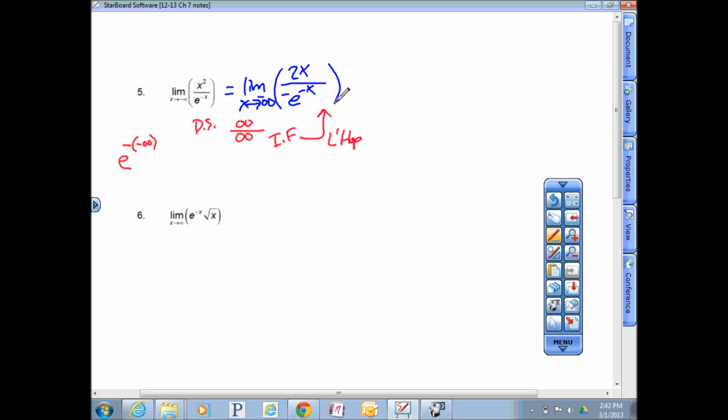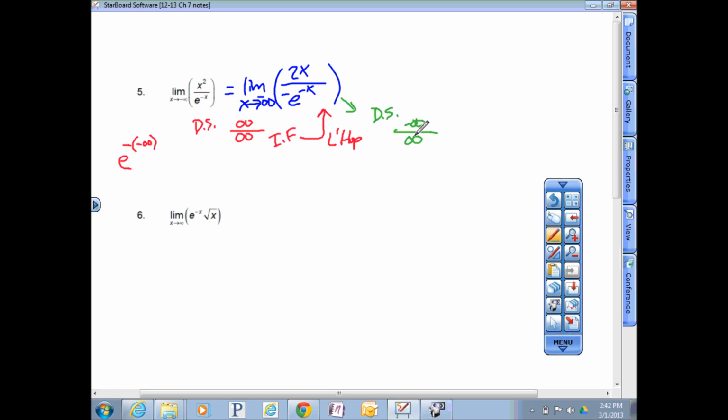If I do direct substitution again this time, two times negative infinity is negative infinity on the top. Negative e to the negative infinity is e to the infinity power with a negative sign on it. So now we've got negative infinity over infinity again. So we're still fitting, and I could repeat L'Hopital's again.